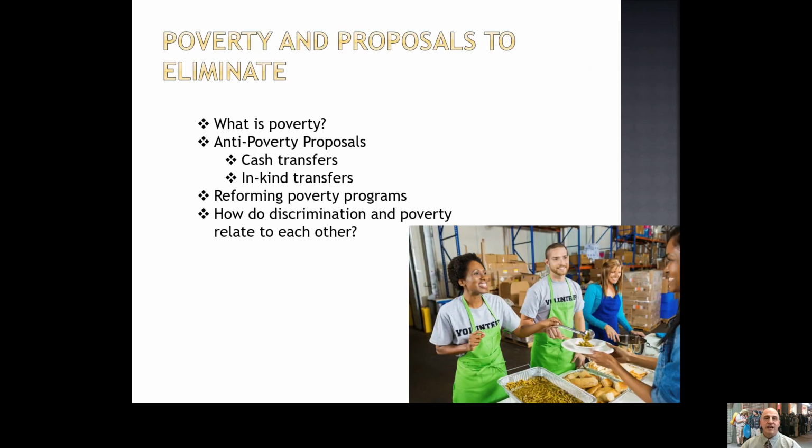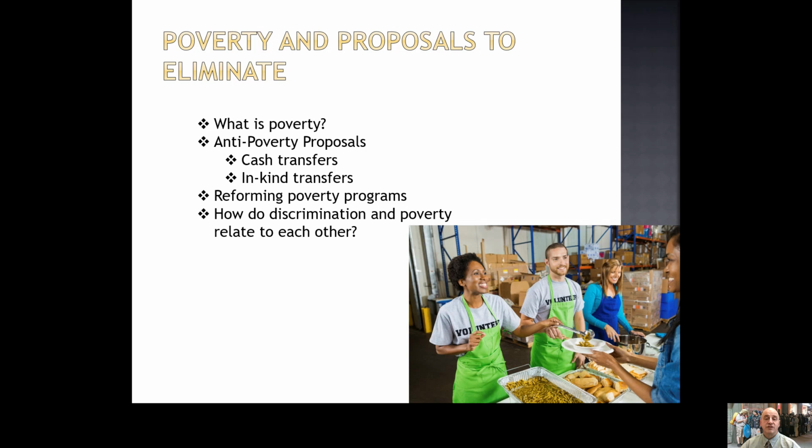We will also examine in this chapter what poverty actually means, how we identify individuals living in poverty. You will begin to examine methods to eliminate or reduce poverty. And there's two main ways that we try to do that. One is through what's called a cash transfer.